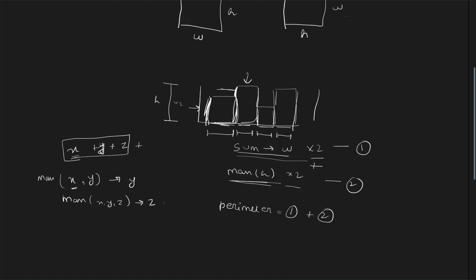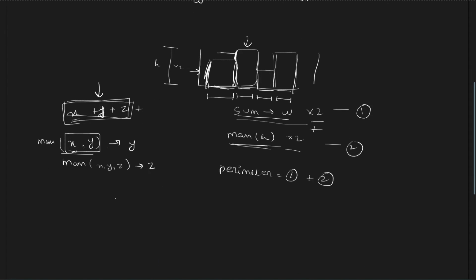So essentially, at the end I'll have only one of these values. In the case of the summation, or the width, I'll have to keep on adding those values, whereas for the height I'll just take the maximum. So it is always better to choose the smaller values for the summation part, right? So this is exactly what we will do.